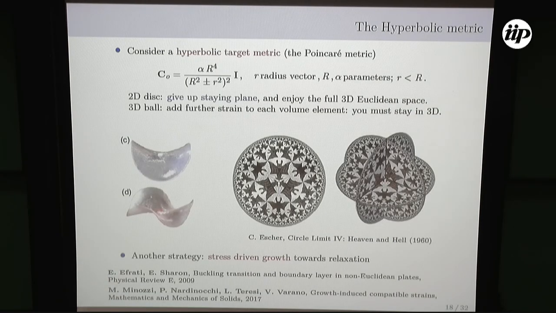And here I have a nice picture. This is a famous painting by Escher, and it describes a hyperbolic metric. So the size of the figures is the same if you use the hyperbolic metric to measure the sides. If you assign this metric to a flat disk, the disk does not remain flat, and you have this kind of configuration.